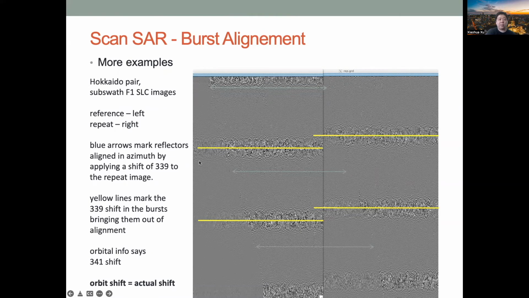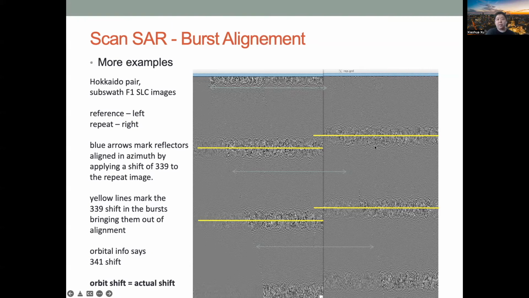The two images are placed next to each other by aligning the coastlines from these islands, and you can see the centers of these bursts are misplaced. They are off by about 340 lines, and the width of this burst is about 420-ish, so that's about 20% of burst overlap left in this image.